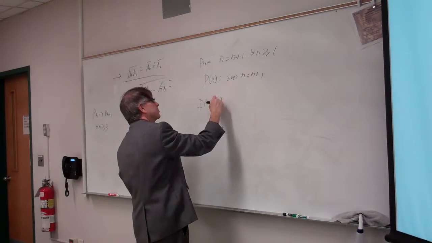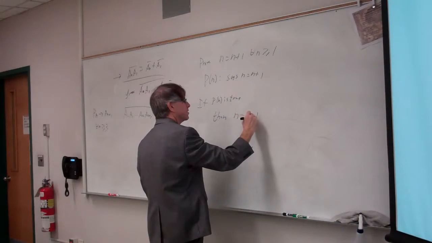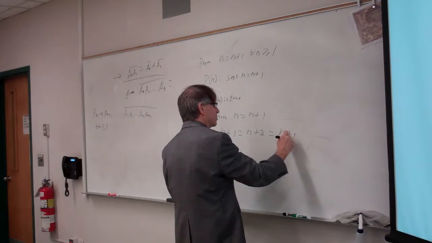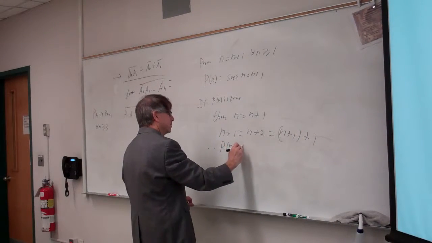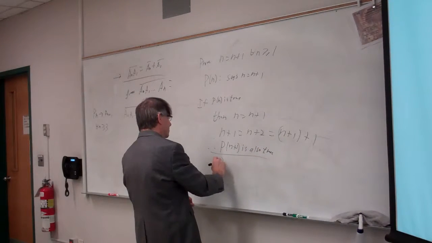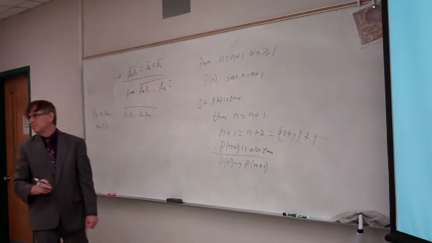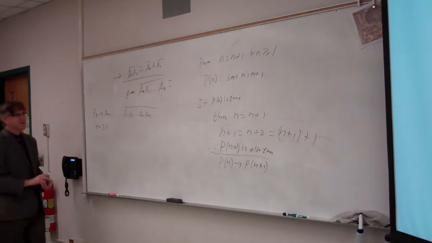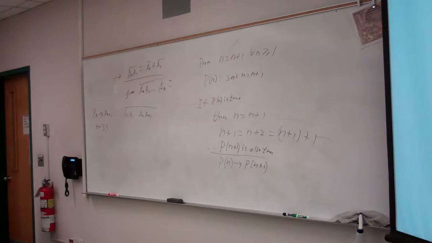If P of n is true, then add 1 to both sides and do algebra: n plus 1 equals n plus 2, which equals n plus 1 plus 1. Therefore, P of n plus 1 is also true. So we've proven P of n implies P of n plus 1. But we can't say, therefore, P of n is true for all n, unless we also have some base case that we know P of n is true for. And we don't.